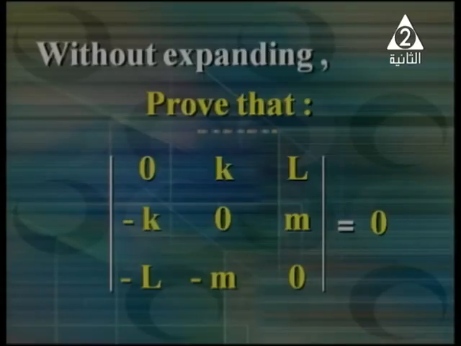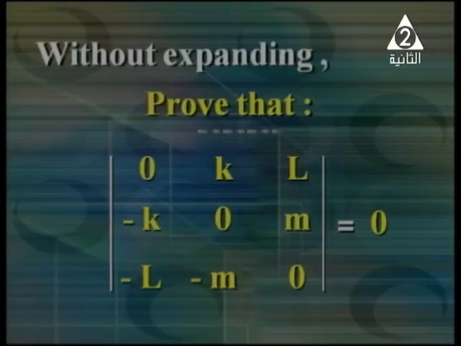Dear student, how do we prove that a determinant equals 0? The determinant equals 0 if all elements of the first row, second row, or third row equal 0, or all elements of a column equal 0. In this case, we have two methods.